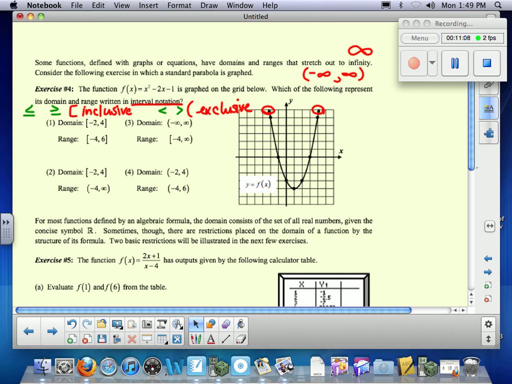But does this range in number 3 go with our domain? In other words, are we down here at -4 in our y's, and do we head up to infinity in our y's? Yes, we do. So choice number 3 is the correct domain and range for this graph.